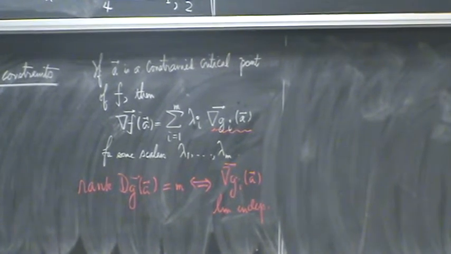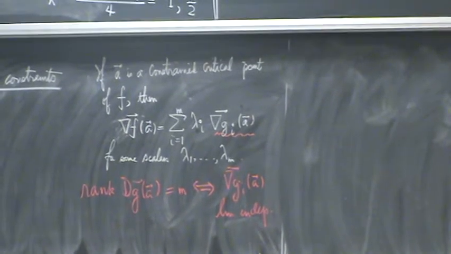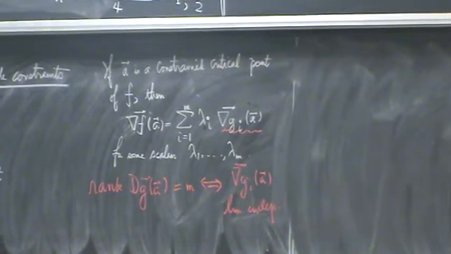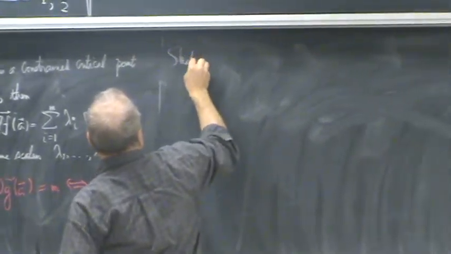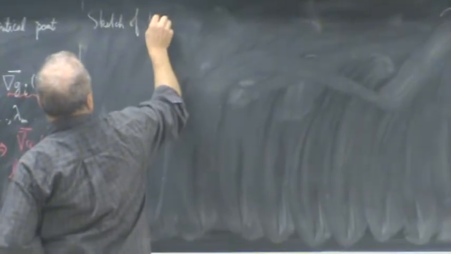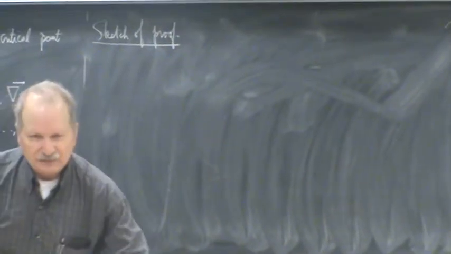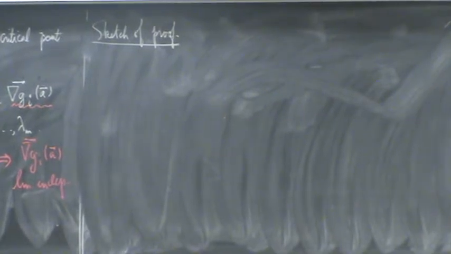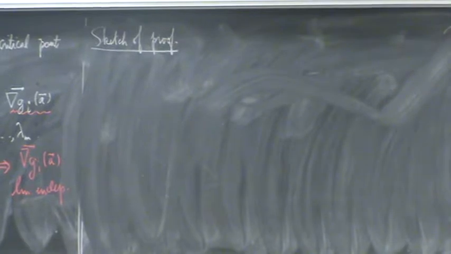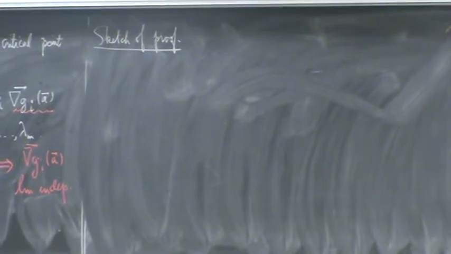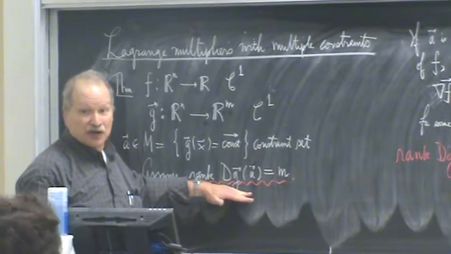All right, so I want to give you an idea of why Lagrange multipliers works. There's a little bit of calculus going on, namely this condition is telling me that I have a manifold near the point.